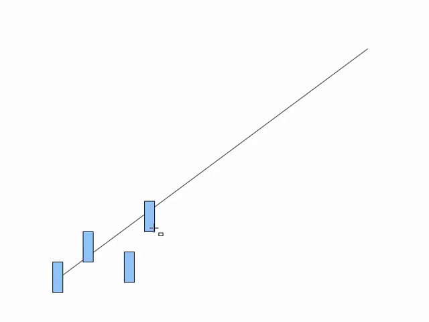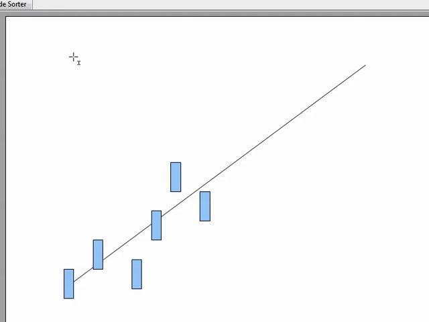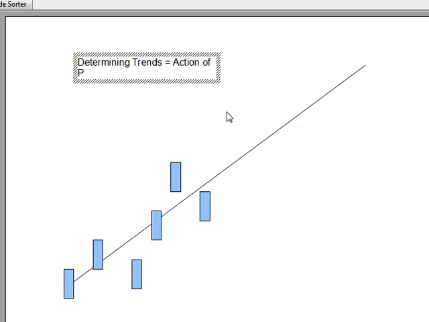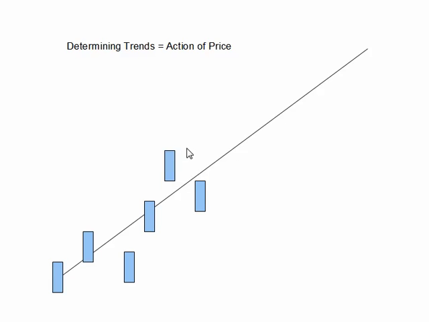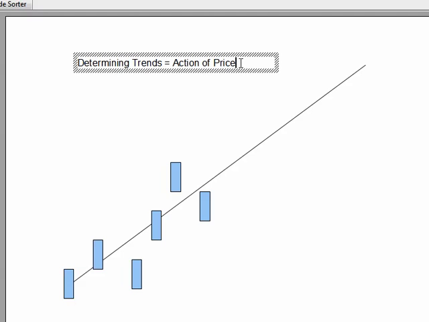And so as we apply this to our own trading, we have to make sure that we've got some rules in place that will tell us whether something is trending up or trending down. Now, as we look at determining trends, the most important thing really is the action of price. Our price action is going to be key to determining what is going on with the trend.